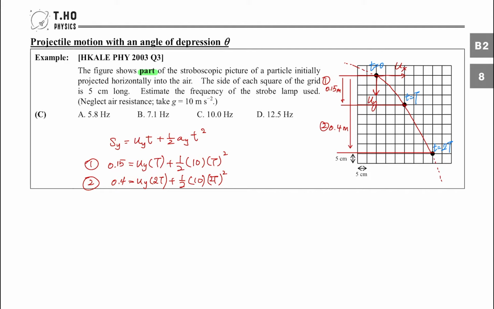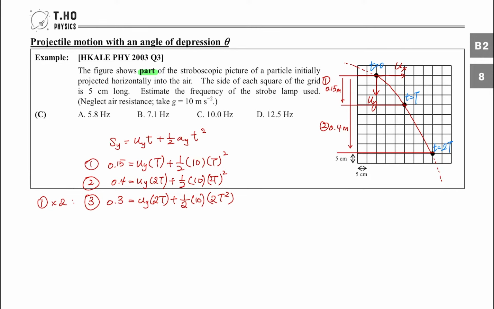So how to solve these equations? We just try to use equation 1 multiplied by 2. So it becomes equation 3.